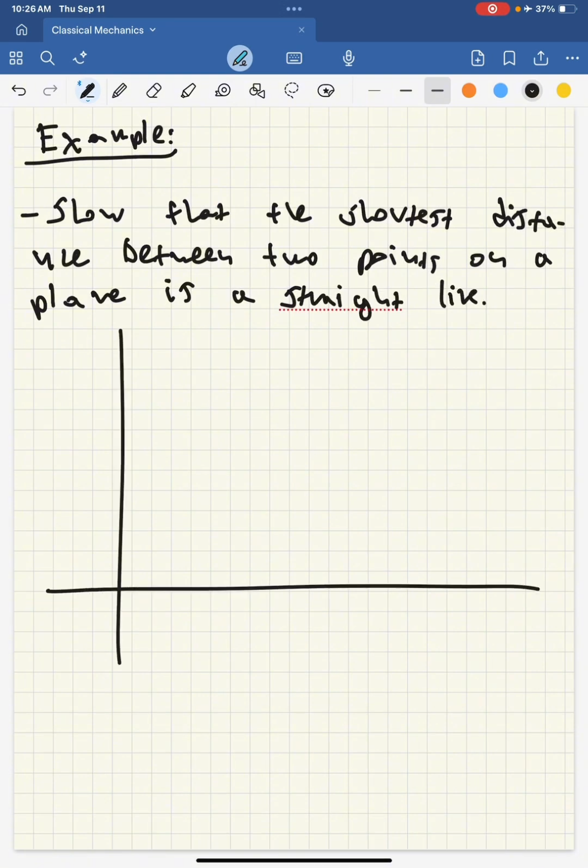Okay, so this is my y, this is my x, this is my plane, and I have 2 points. Let's use red again, like before. So here is my x1, y1, here is my x2, y2, and then this is a line connecting them.